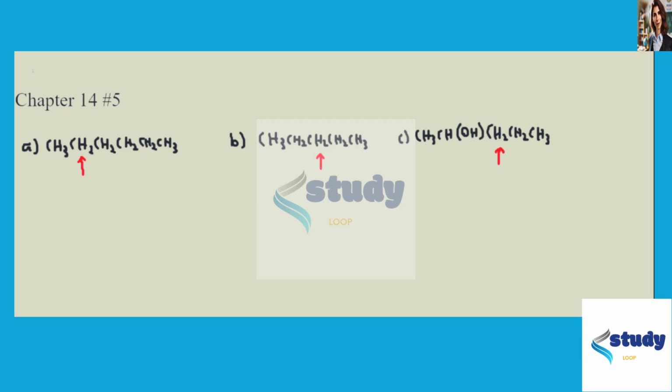The carbon to which those protons are attached is not a chiral carbon to begin with, but if we were to make this instead CH3, C, and then let's put a Z, and then the other H is still there, and then CH2, CH2, CH2, CH3.